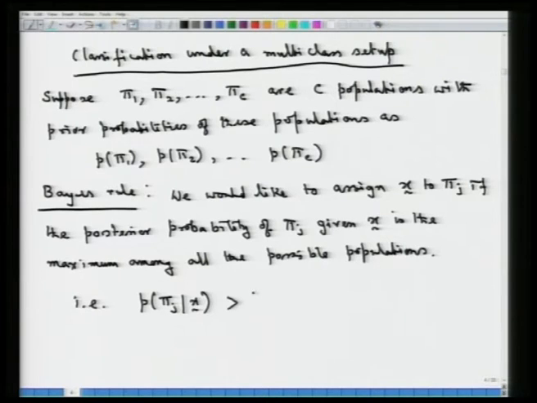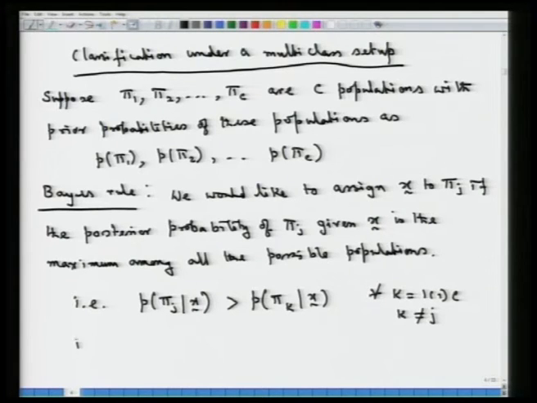If this is greater than p pi k given x, if this is true for every k equal to 1 up to c with k not equal to j, then we will assign x, the multivariate observation, to the population pi j, because the posterior probability of pi j given x is the maximum among all possible such posterior probabilities for other populations. So, this is basically what we have.